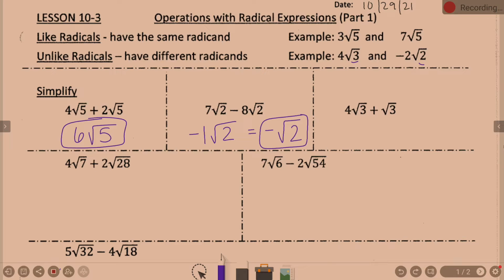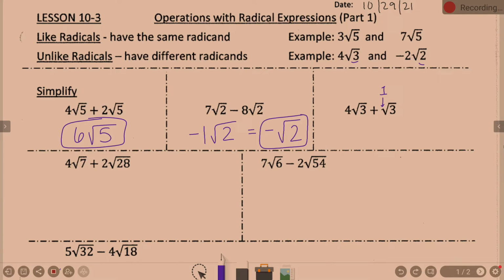Okay, 4 square root of 3 plus square root of 3. 4 square root... Not quite. 5. Oh, we have 5. Why would it be 5 square root of 3? Because there's the 1 root. Just like an x with nothing in front of it, there's an invisible 1 in front of it.